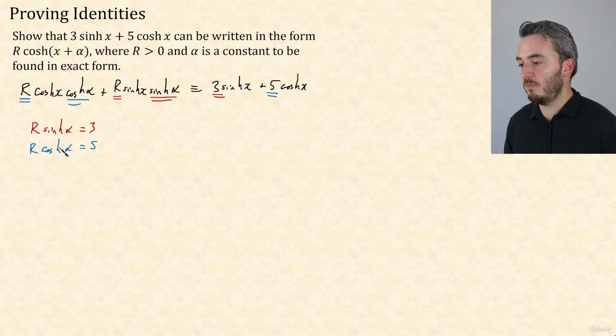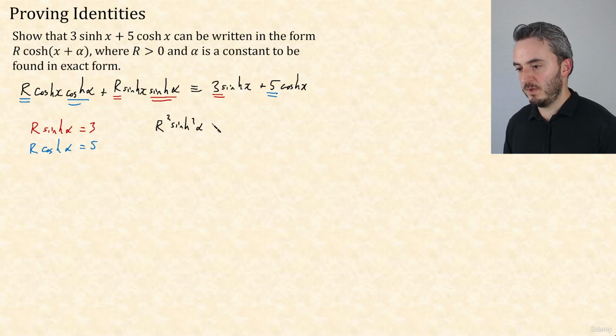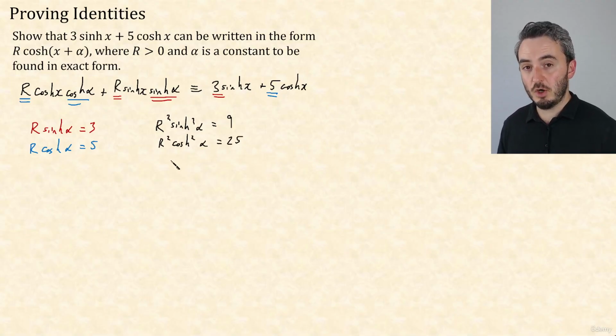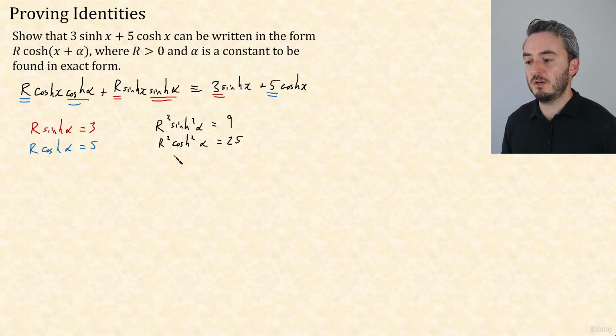If I square both of these, I end up with R squared sinh squared alpha equals 9, and R squared cosh squared alpha equals 25. Now the result in hyperbolic is that cosh squared x minus sinh squared x is 1.